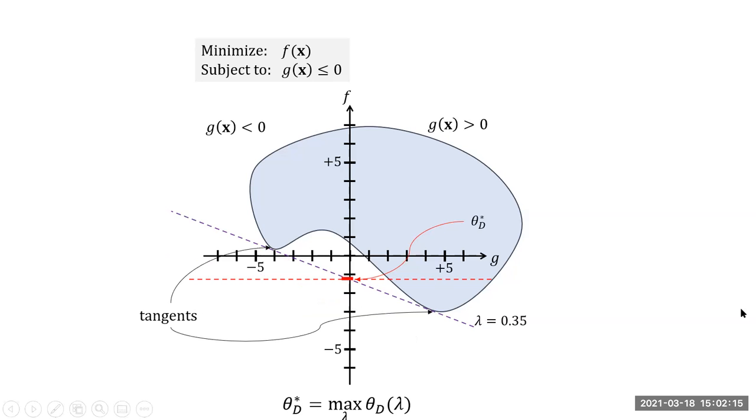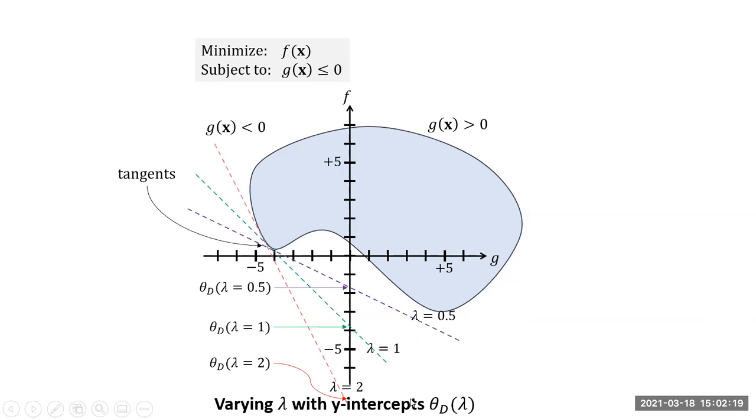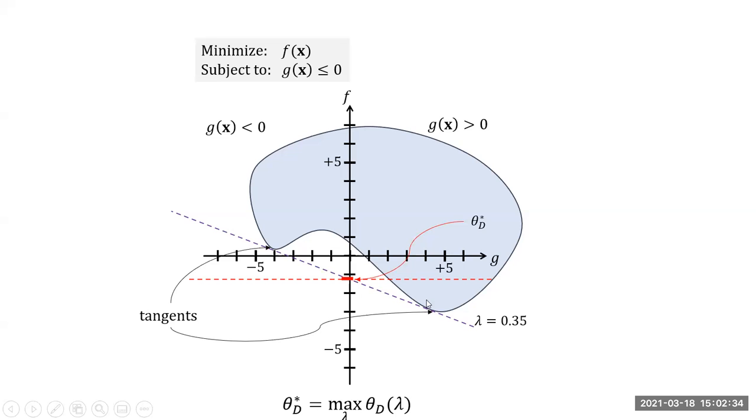And can you see why theta d is a concave function? Because as I was decreasing lambda, it was going up. And then decreasing it further, after this point, it will start going down. So that's why theta d of lambda is concave.